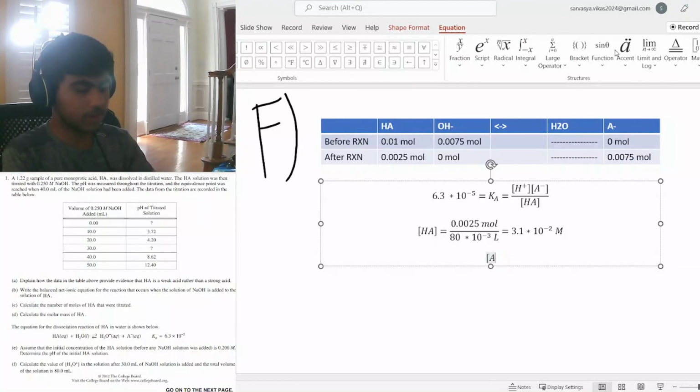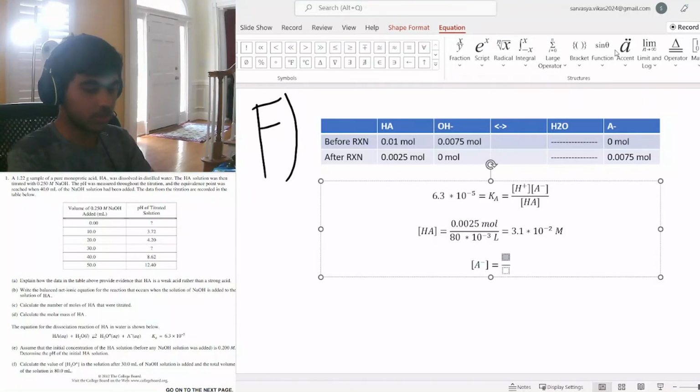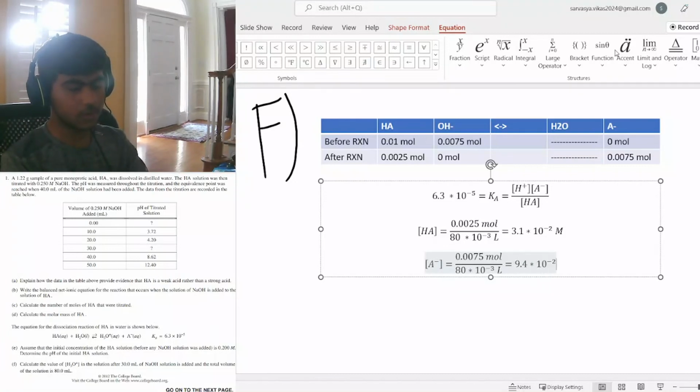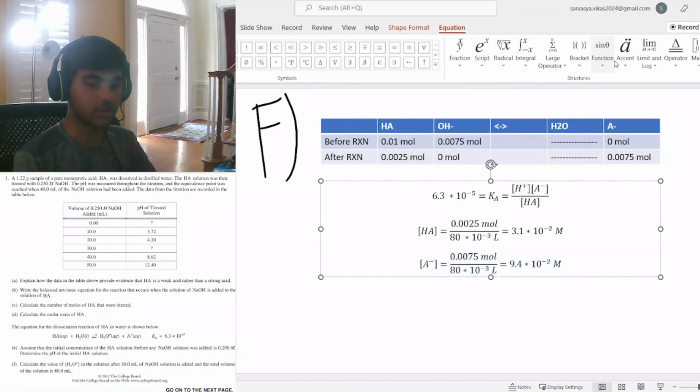So A minus equals 0.0075 moles over 80 times 10 to the negative 3 liters. That is going to be equal to 9.4 times 10 to the negative 2 molar. And that's going to be our HA and our A minus.